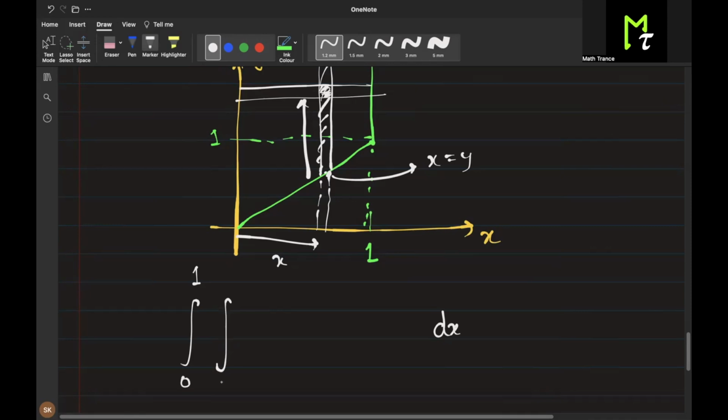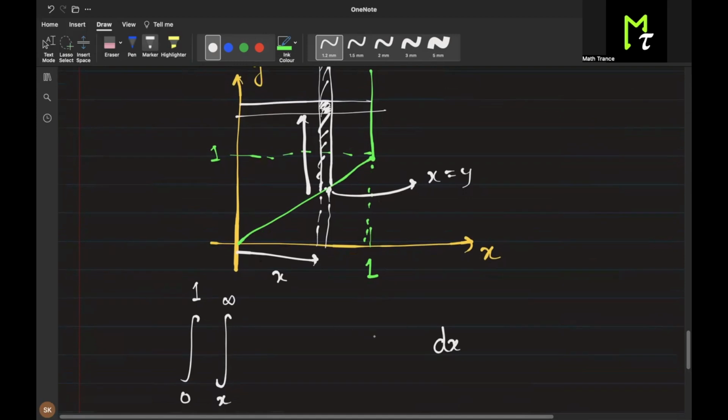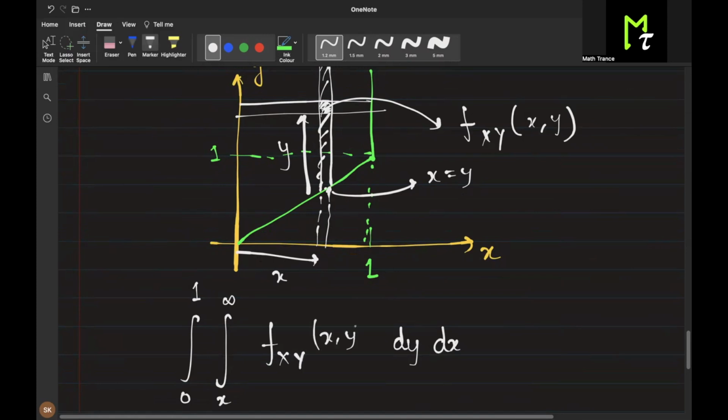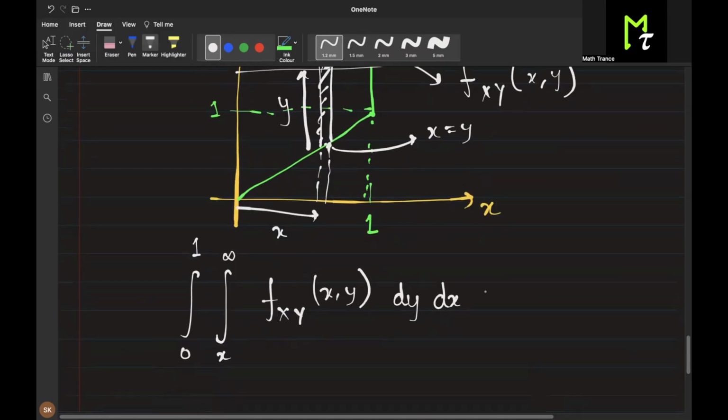And therefore, y will go from lower limit x till infinity. From the probability space, you can see. And what is the value of this box? This box corresponds to x comma y, because at y you are here. So this is basically this thing, right? So you just need to integrate f(x,y) in this, and you'll get the right answer.